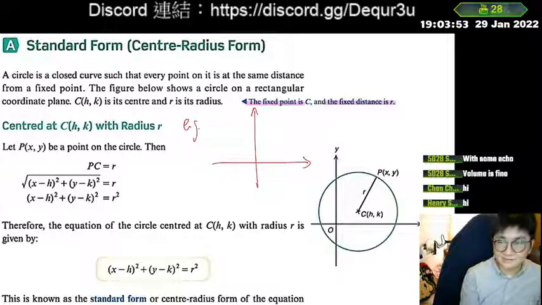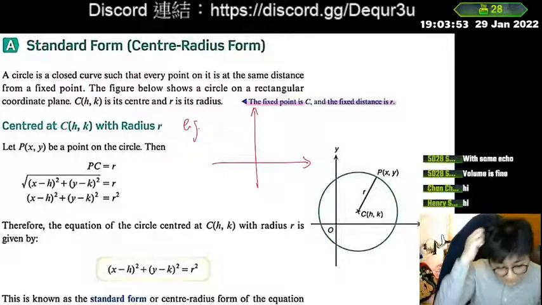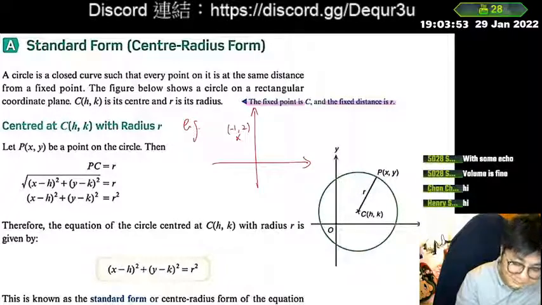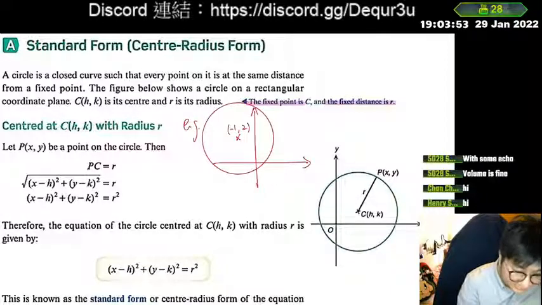So now suppose the center is (-1, 2), for example, and I want to draw a circle. I try to draw it well. Okay, that's better. And suppose the radius here is maybe 3.